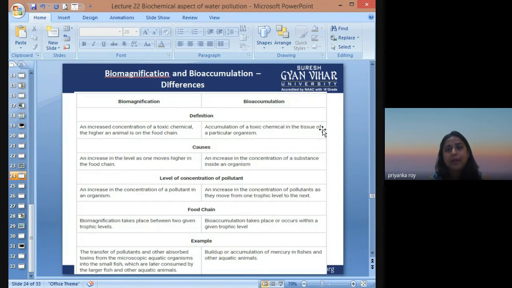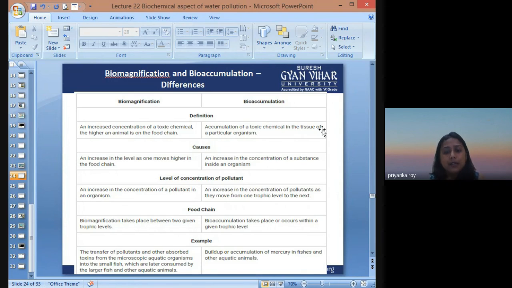All right. Now, this is the difference between biomagnification and bioaccumulation: the difference in definition, the difference in cause, the difference in level of concentration of the pollutants, and the difference in the food chain.